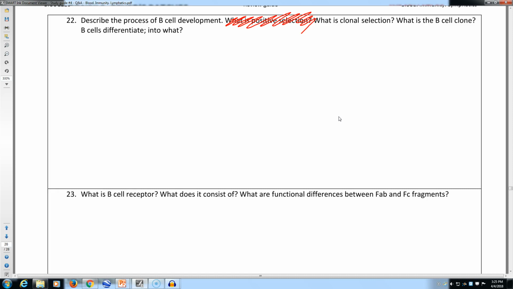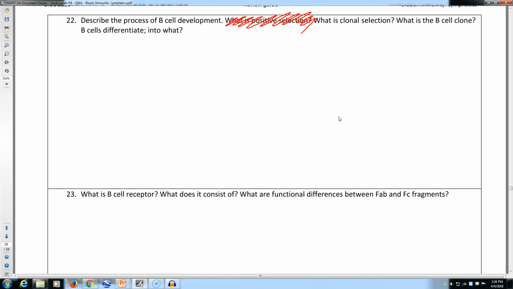Now, for receptors, know the structure of antibody. I told you before, I'm telling you again. Know the basic mechanism for VDJ recombination. I don't know what to tell you more here. Five types of antibodies.